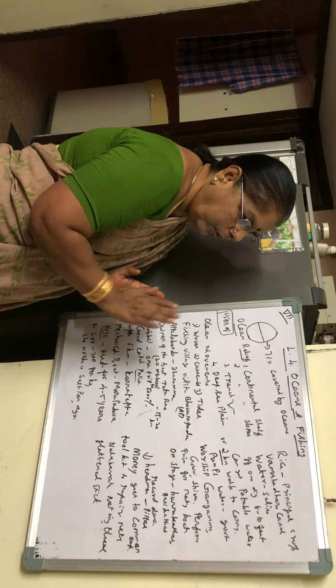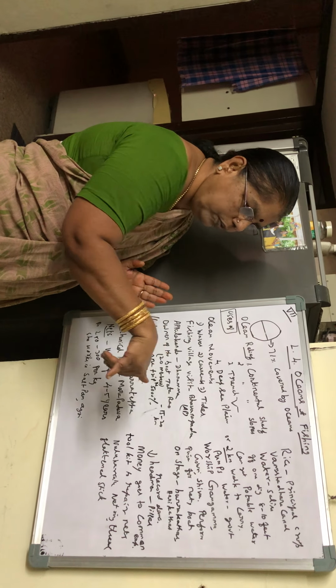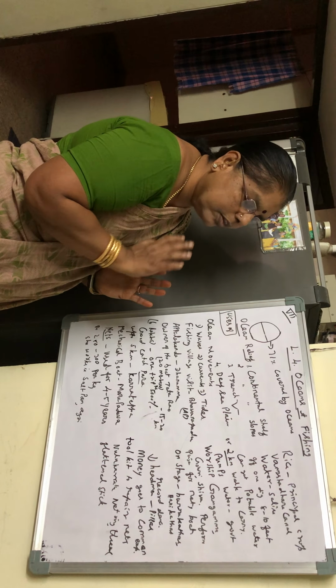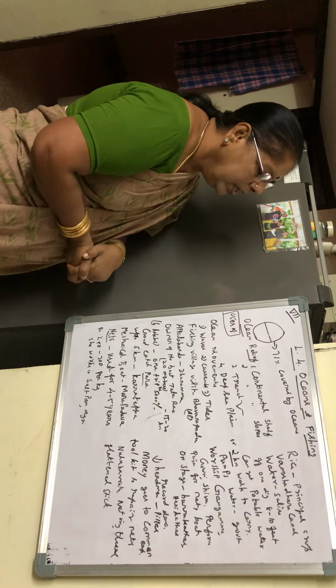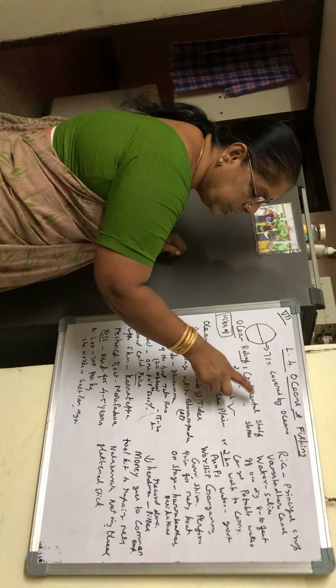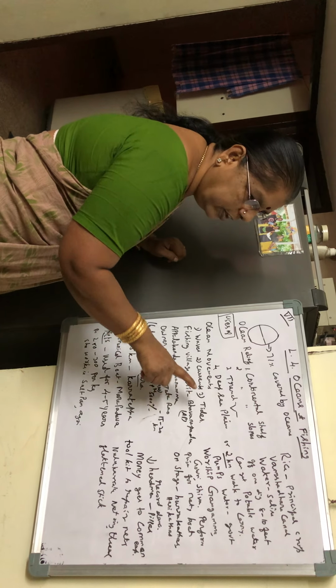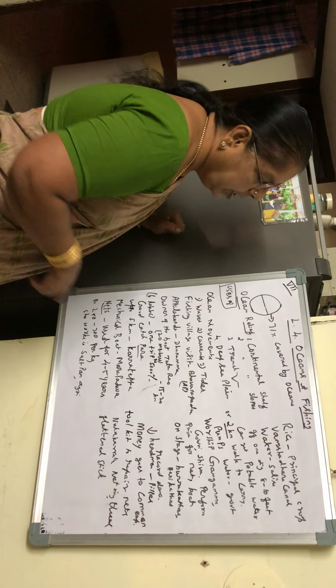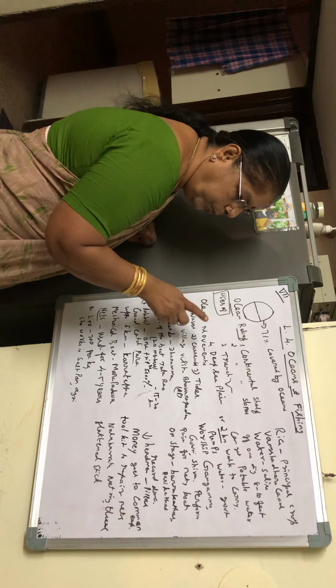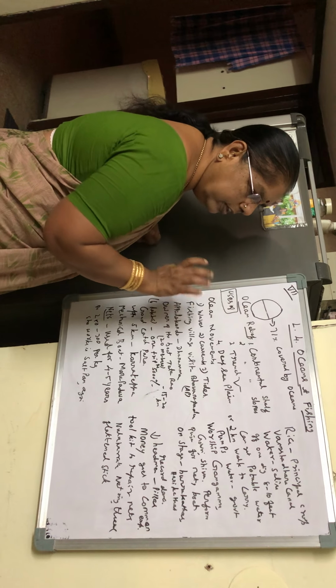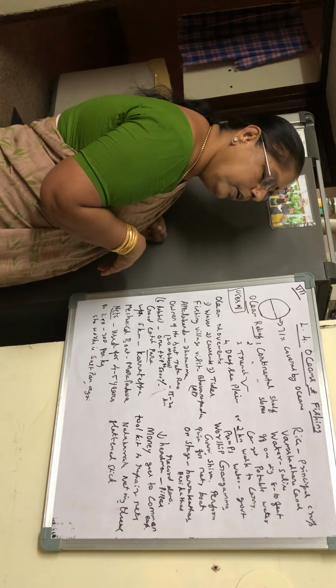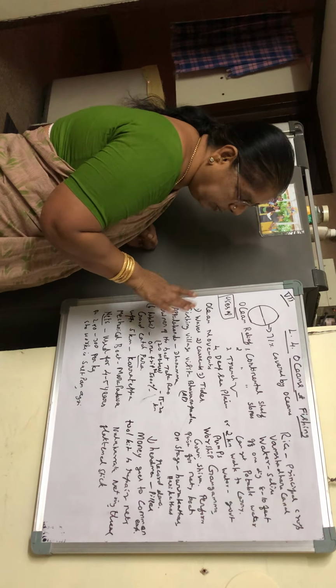The water rises with a rhythm and falls with a rhythm. Rhythm means one sound. Fishermen also have to see the waves and tides before going into the sea. On Amavasya and Purnima days, the high tide rises very much.